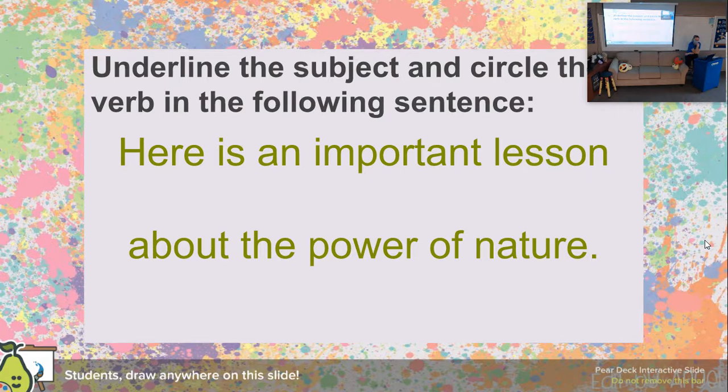What do we get rid of first? Auburn, what do we get rid of? We get rid of our prepositional phrases. Okay, don't forget to do that because that's really going to help. So the first thing you should do is cross out any prepositional phrases you see.